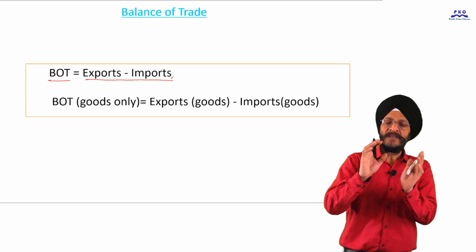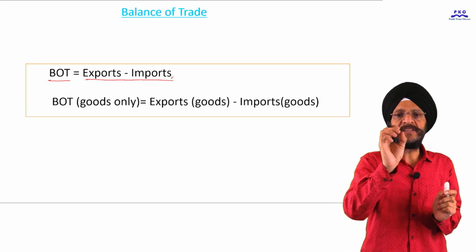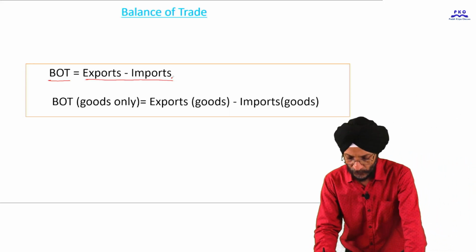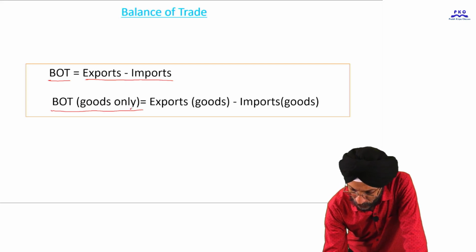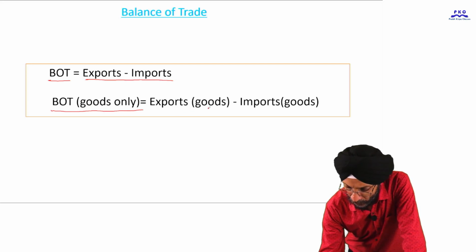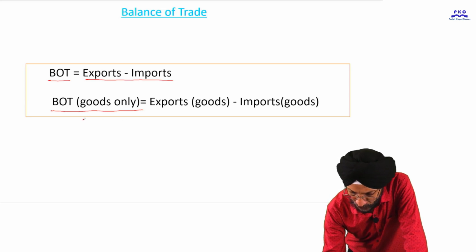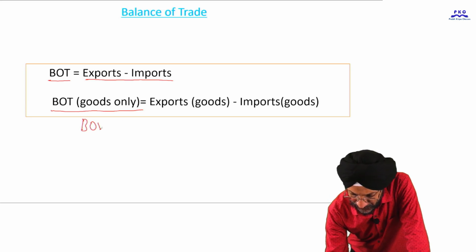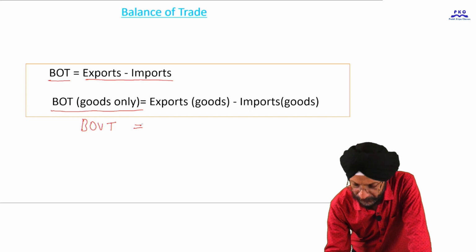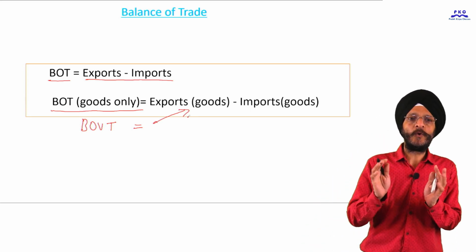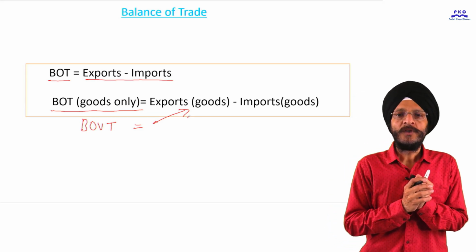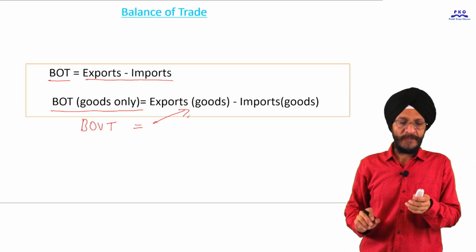If we take into consideration the narrower definition of balance of trade, then it is written balance of trade goods only is equal to export of goods minus import of goods. It can also be written as balance of visible trade. Here we will only take into account the export and import of goods only.